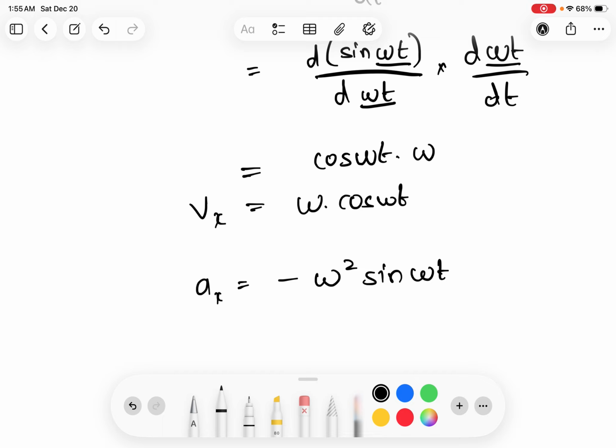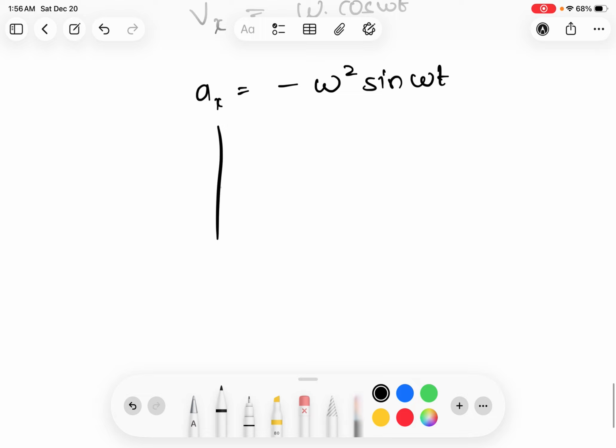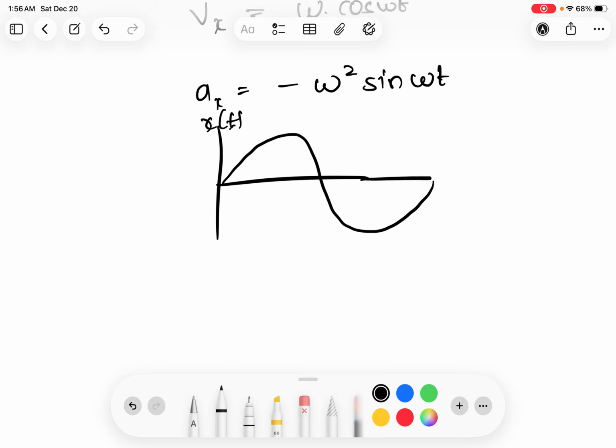So remember the phase. If you were to draw a diagram of position x of t, let's say the position is like this, and pi by 2, pi, 3 pi by 2, 2 pi.